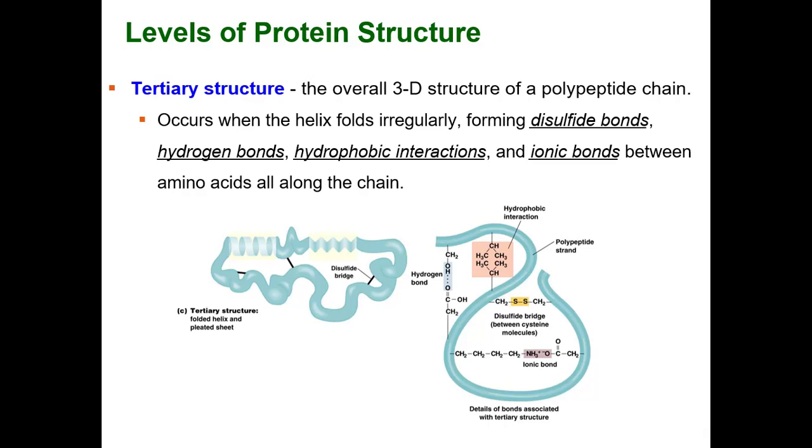How that happens is the tertiary structure is where the amino acids interact with each other, but it's not just the nearby amino acids which are interacting with each other. Any amino acid can interact with any other amino acid all over the protein.